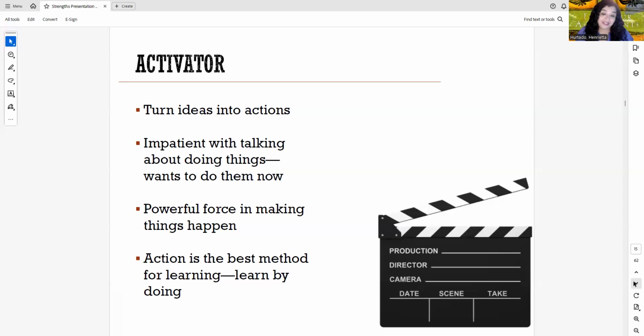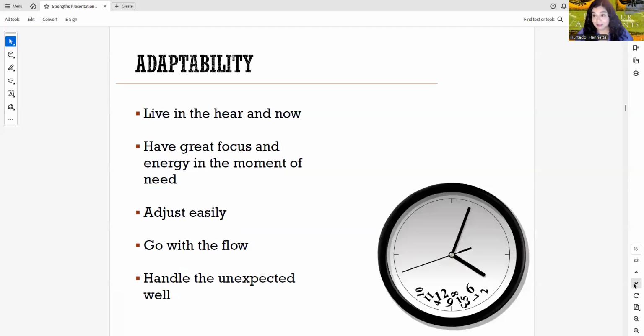Action is the best method for learning by actually doing. Adaptability. These people live in the here and now, have great focus and energy in the moment of need, and adjust easily, go with the flow, handle the unexpected well.